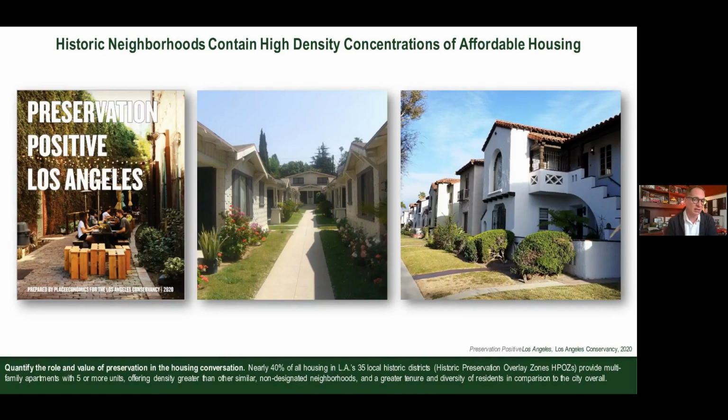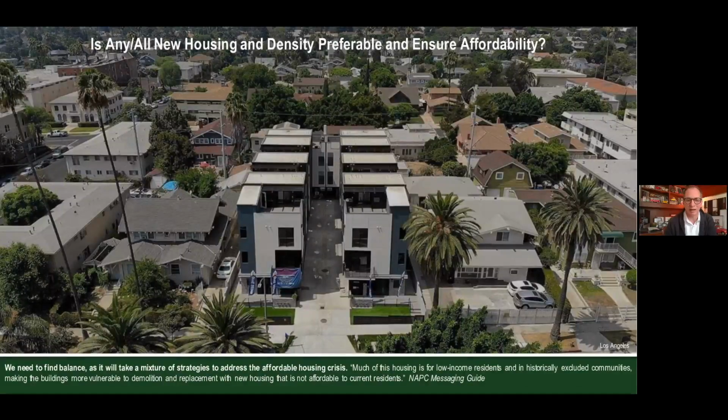So we are providing a critical source of existing affordable housing and also a critical source of density that's denser than other similar non-designated neighborhoods in the city, or denser overall in comparison to the city overall. It's also the issue that we have greater tenure of residents and a stability and diversity of residents in our local historic districts, in part because they are stable neighborhoods and they have that kind of protection in terms of the design review mechanism.